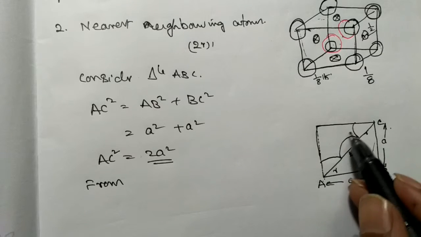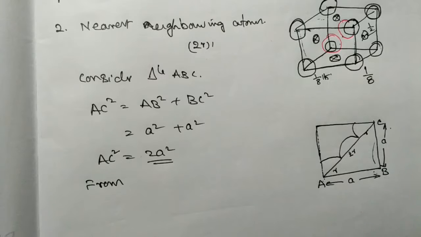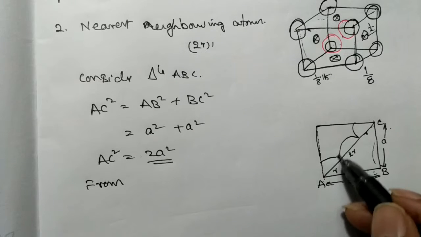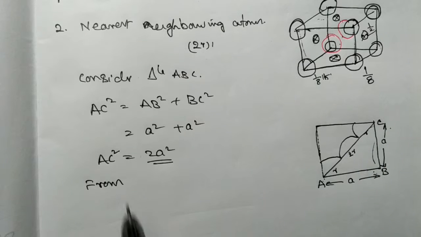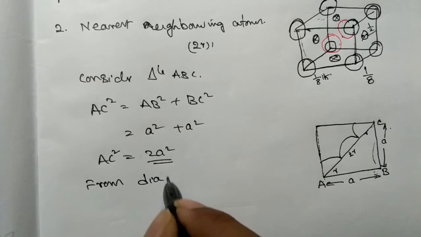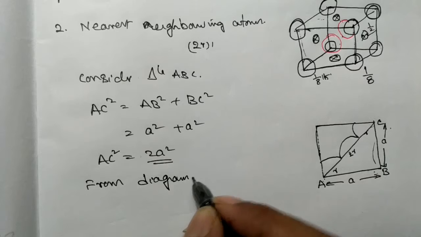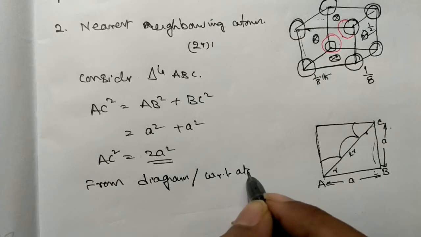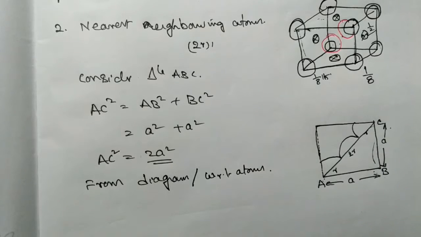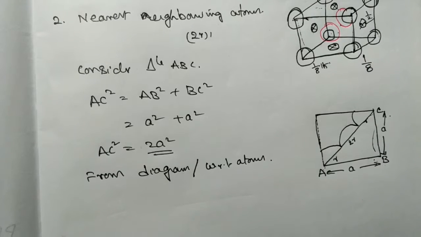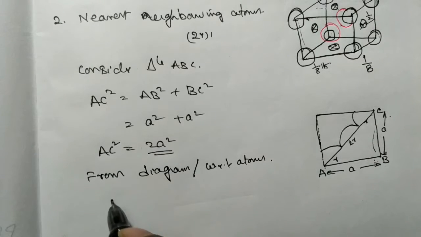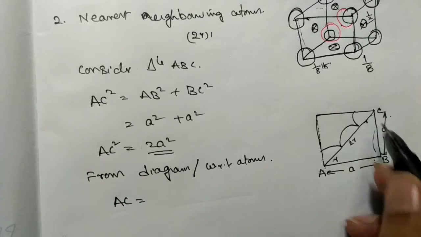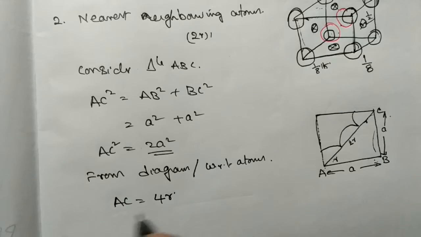Now we have to consider these spheres. Now we have to calculate the value of AC with respect to the spheres, that means atoms. From the diagram, AC is equal to R plus 2R plus R, that is 4R.